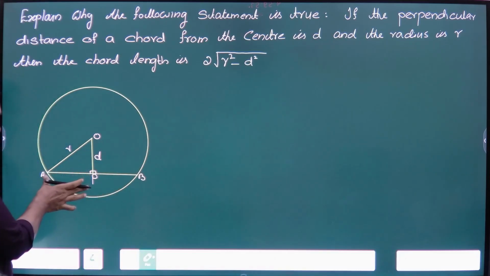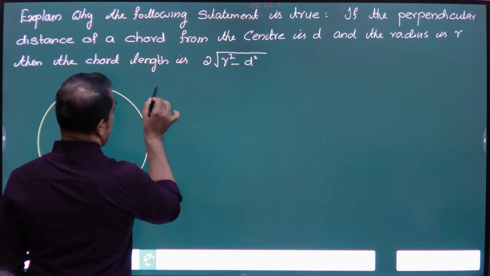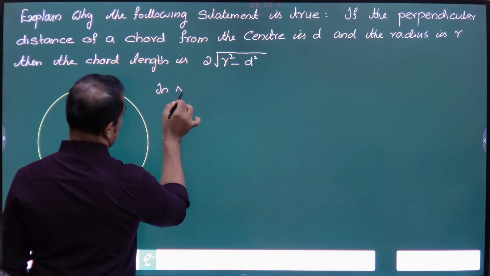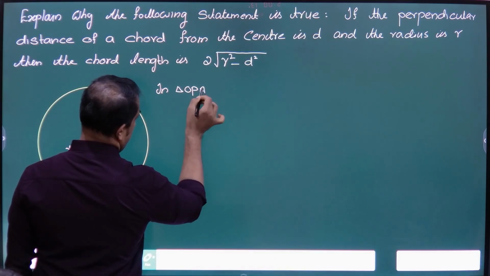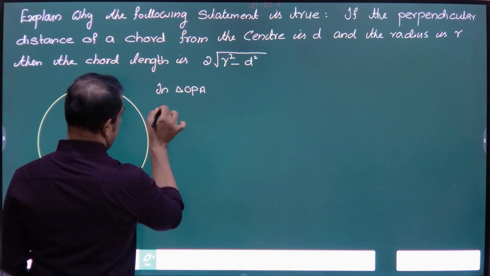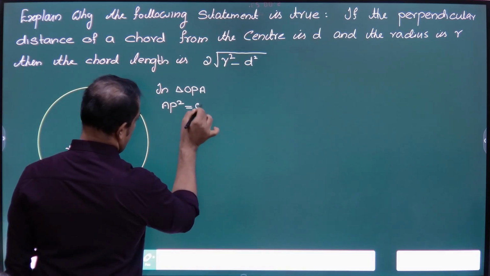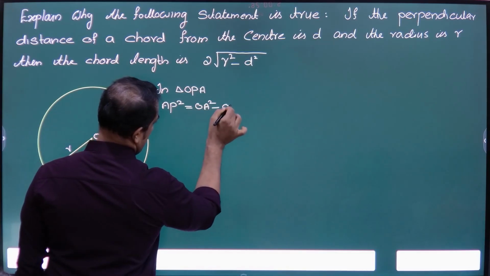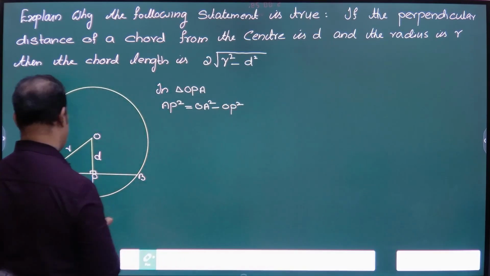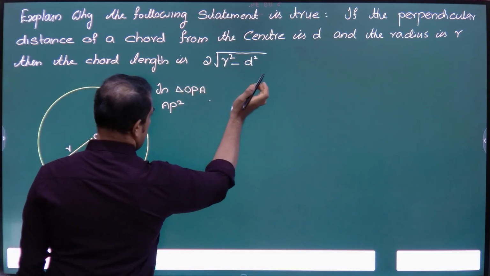फर्स्ट हम क्या फाइंड करें AP, फिर लेंथ ऑफ द कॉर्ड इसका डबल आएगा. ठीक है. सो पहले अप्लाई पाइथागोरस थ्योरम इन ट्रायंगल OPA, AP square is equal to OA square minus OP square. तो ऐसे कर दो, एक्चुअल थ्योरम लिख दो.